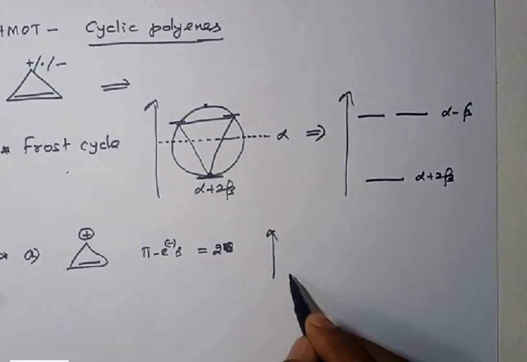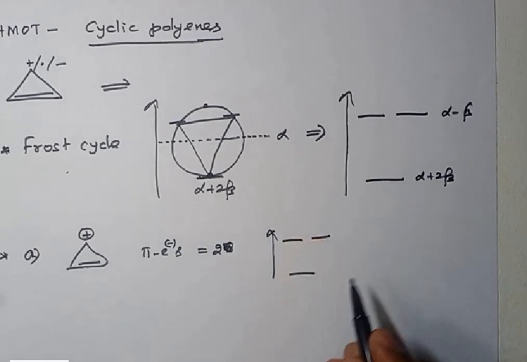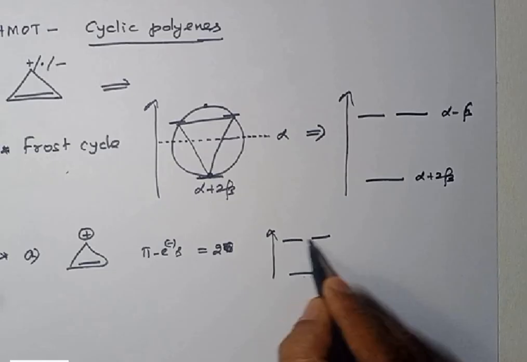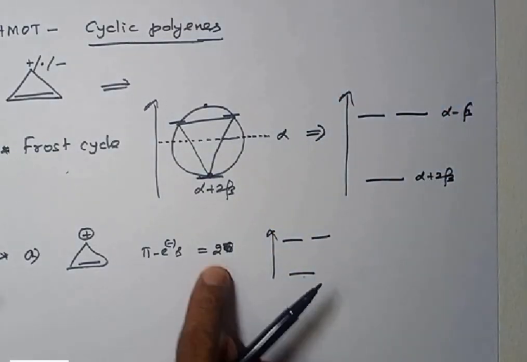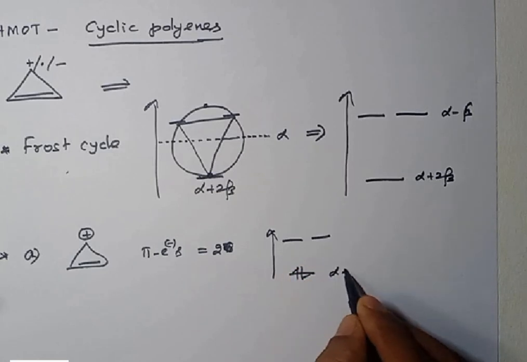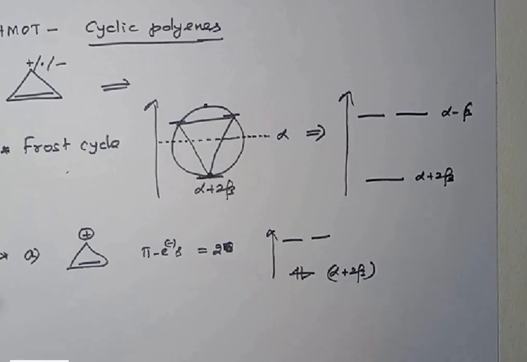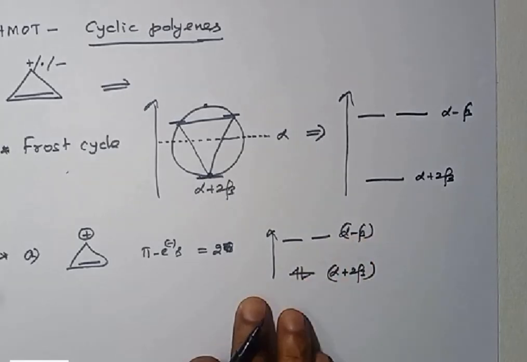Let me draw here. We have a lower energy molecular orbital, and this is bonding. These 2 are above the center line, so they are anti-bonding. I have only 2 electrons, and each molecular orbital can accommodate 2. The energy of this molecular orbital is alpha plus 2 beta, and these molecular orbitals have energy alpha minus beta, but there are no electrons, so we need not worry.